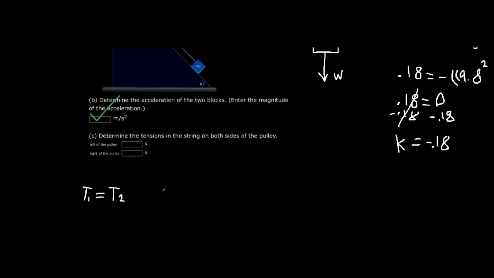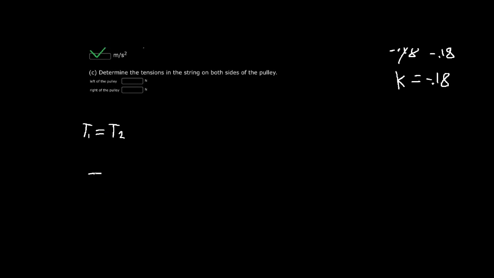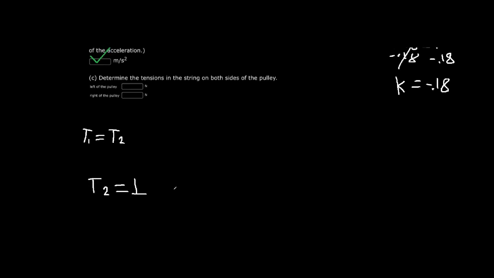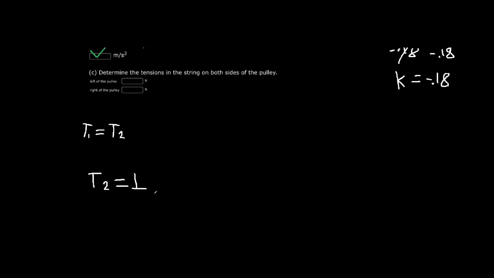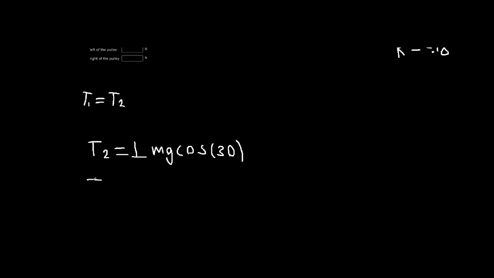So what do we have? T2, we'll say, for the right side, is equal to perpendicular of force normal. And in this case, that'll be mg cos 30. Perfect. So let's say we don't even need to subtract this, because let me show you the thought process.